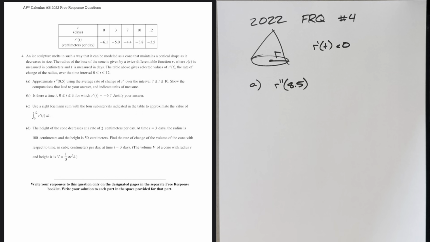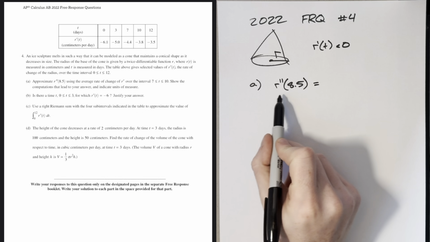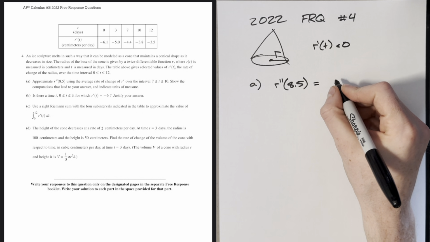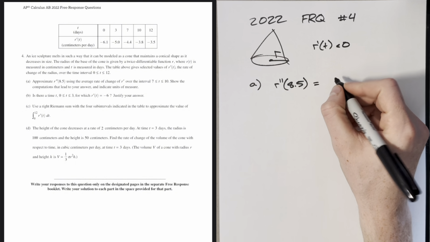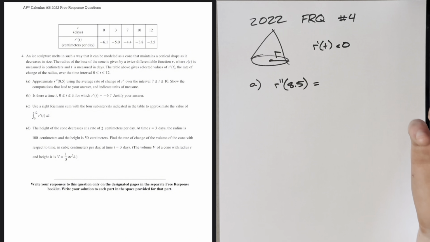That's mean value theorem. But what it tells us is that when we're trying to approximate an instantaneous rate of change, a really good approximation is the average rate of change. And the average rate of change of a function over an interval is f of b minus f of a divided by b minus a.